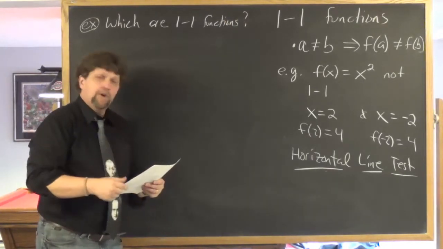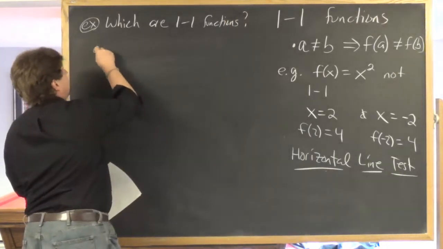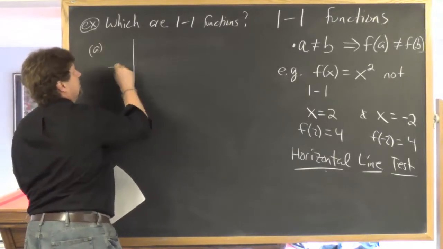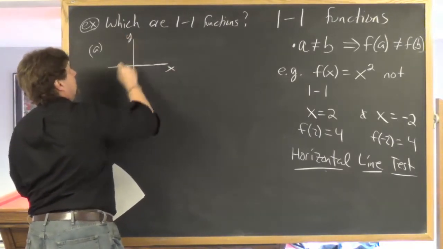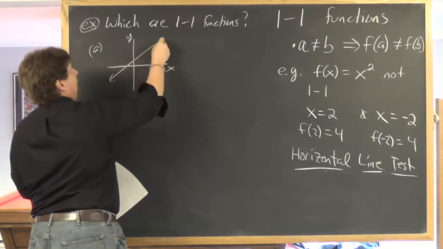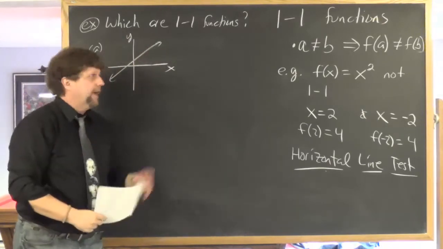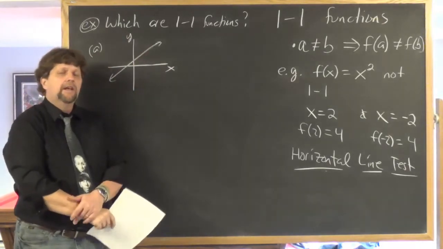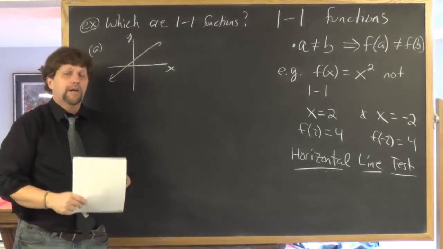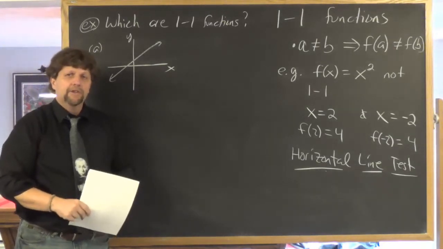I'm just going to put up some graphs. So here's the first one. I don't know what the function is. I don't care. That's the graph of the function. The question is, is it a one-to-one function?